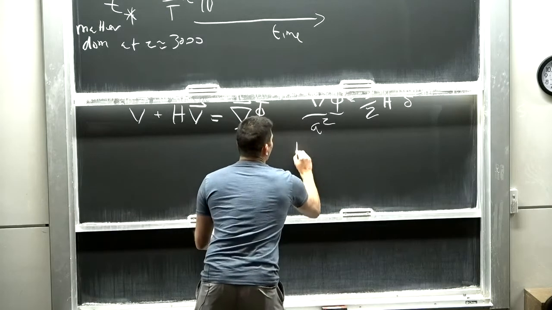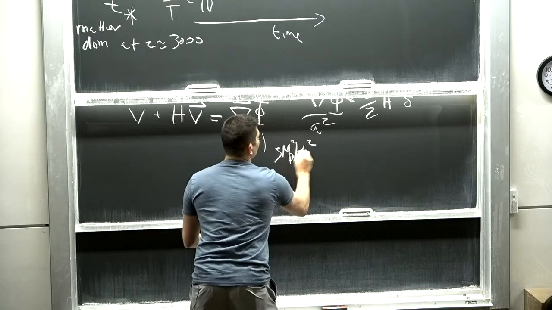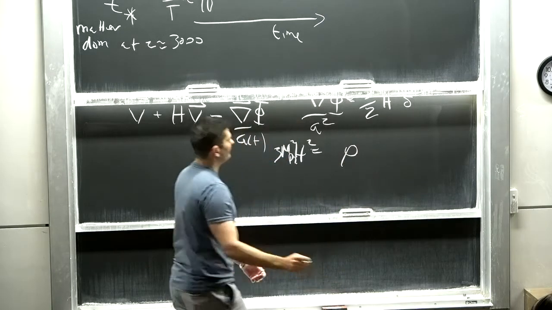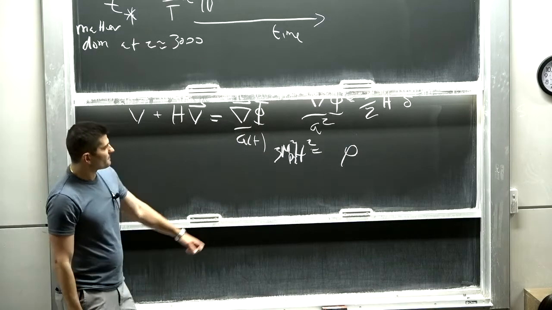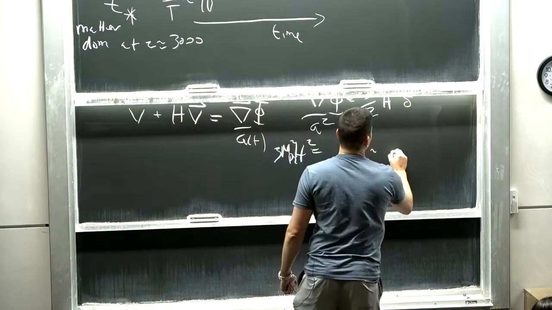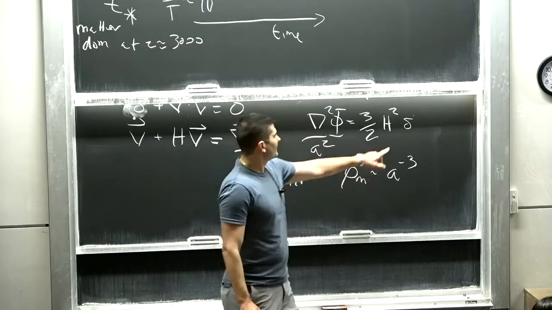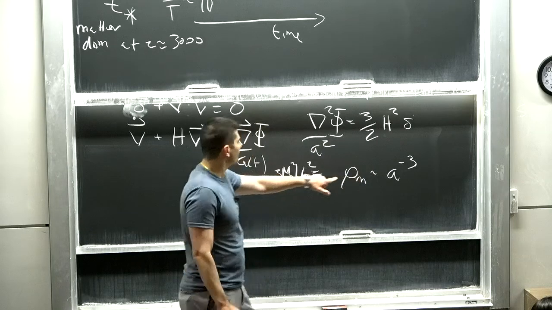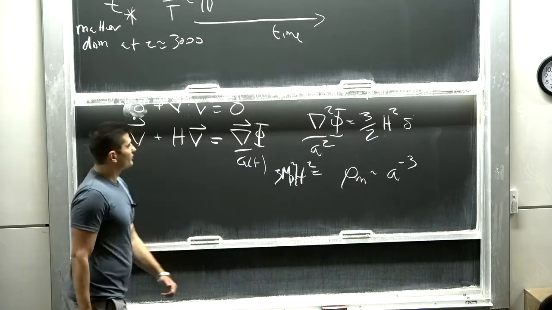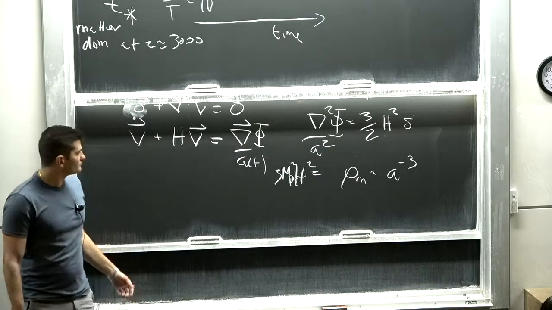H squared, we'll write the Friedmann equation, is given by the energy density. So the energy density of matter goes like a to the minus 3. So that tells us that H goes like a to the minus 3 over 2, which tells us that the Laplacian of phi goes like 1 over a times the density contrast.